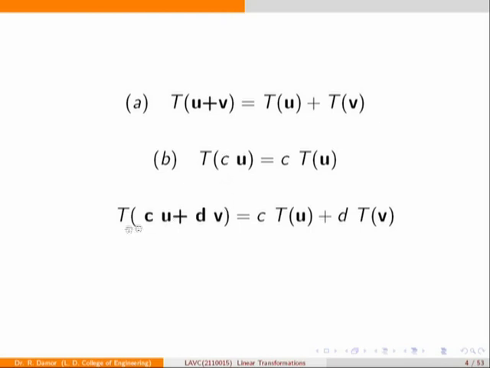So this is the equivalent condition for these two conditions, or you can produce these two conditions from this condition. How? Suppose you put C equal to 1 and D equal to 1. Then T of U plus V can be written as C equal to 1, so this is T of U, D equal to 1, so this is T of V. Which is my first condition: T of U plus V equals T of U plus T of V. Same thing: suppose I keep C as it is, but replace D by 0.